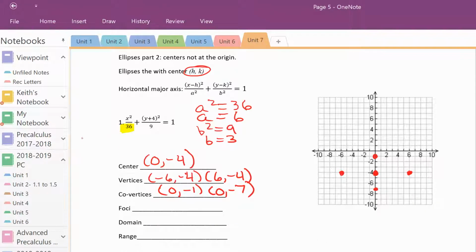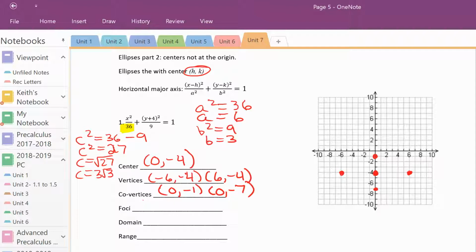The foci, the same: c squared equals a squared minus b squared, so 36 minus 9. So it's 27, which means c is equal to root 27, which is 3 root 3. And remember, since root 36 is 6 and root 25 is 5, it's going to be somewhere between 5 and 6.